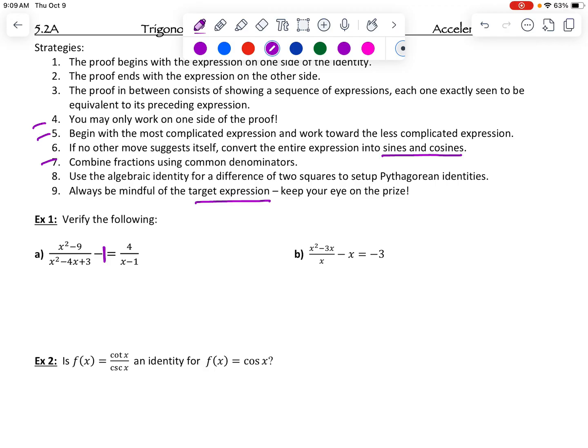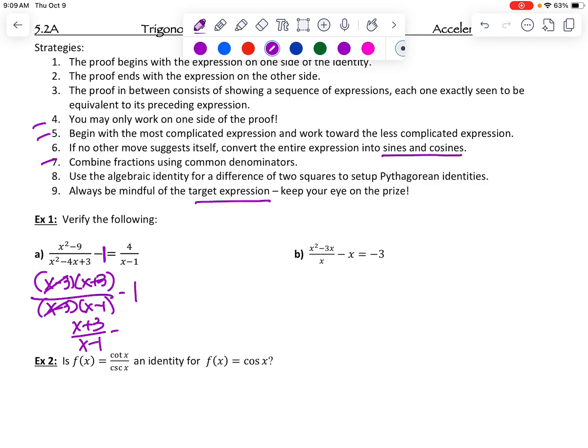One of the things I can do here is get a common denominator. However, I can also simplify this rational expression first. This is x minus 3, x plus 3, over x minus 3 and x minus 1. So I can simplify top and bottom, and now I've got x plus 3 over x minus 1.